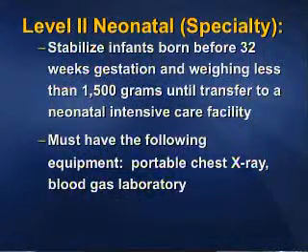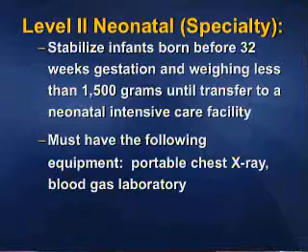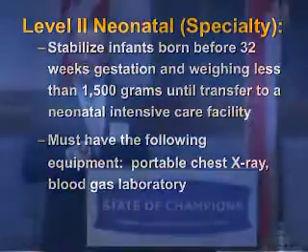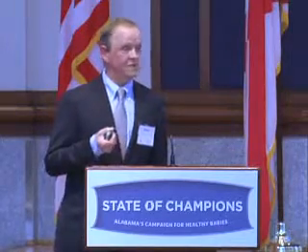Ultimately, they should also be able to stabilize infants born before 32 weeks gestation. I mentioned the equipment. When it comes to the stabilization of babies that are early, obviously this is very important, because we all know that the initial few minutes of life, the initial 5 minutes, 10 minutes, 20 minutes, half an hour of life can be very important to the overall outcome of the baby.